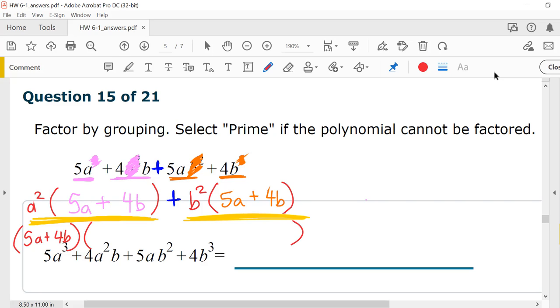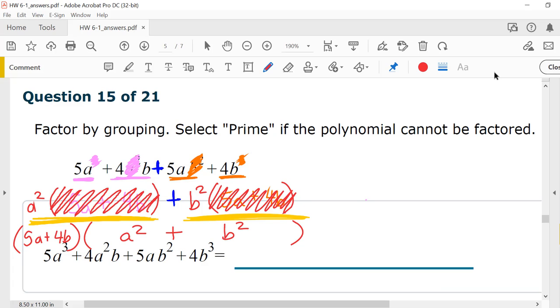What remains from those 2 terms? That will be gone. I'm left with a squared plus, 5a plus 4b is pulled out, I'm left with b squared. My answer is 5a plus 4b times a squared plus b squared.